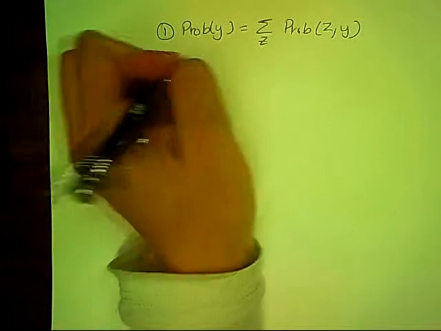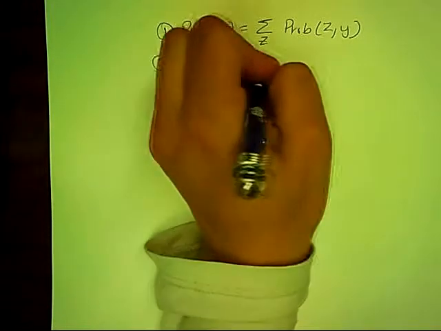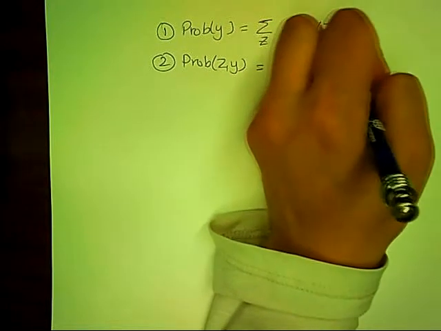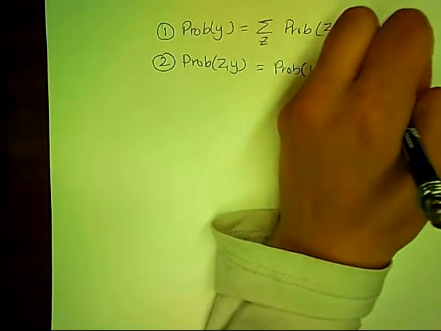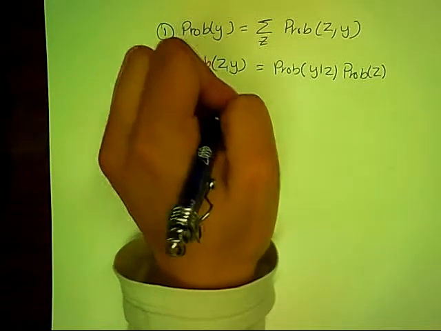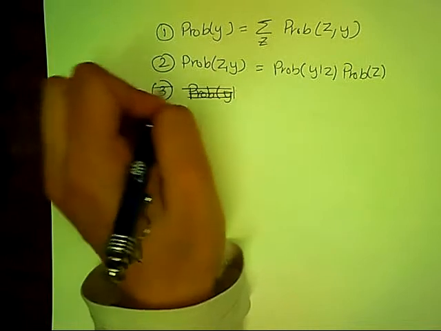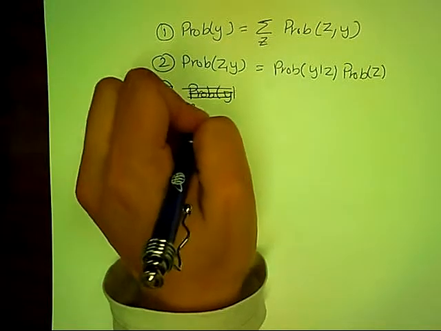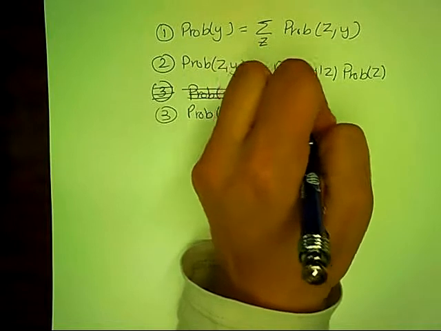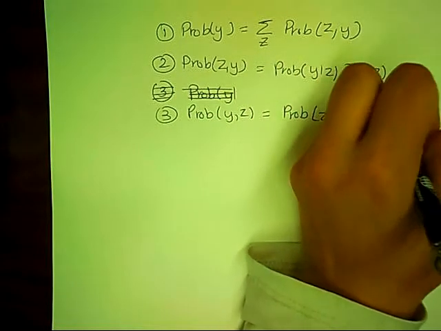The second property is the probability of z and y equaling the probability of y given z times the probability of z. The third property is that the probability of y and z equals the probability of z given y times the probability of y.